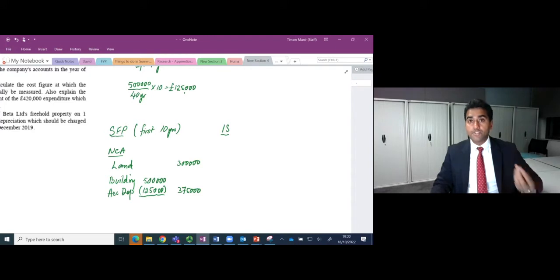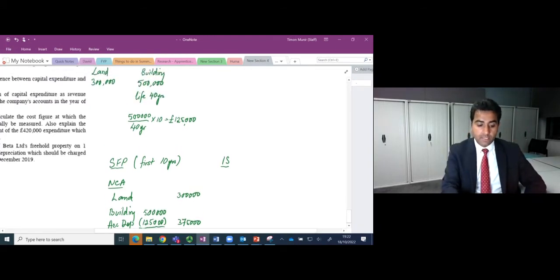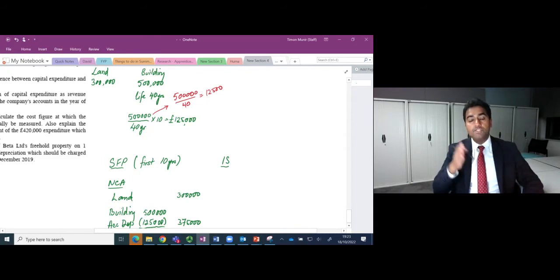But the depreciation charge for the current year is 12,500. How did I get that? It's 500,000 divided by 40 years, it's 12,500. So the depreciation charge for each year is £12,500.